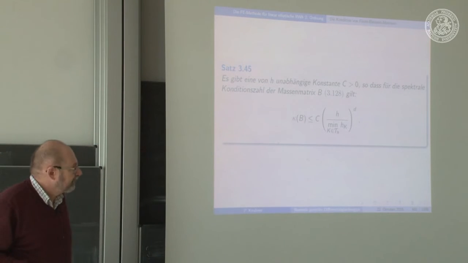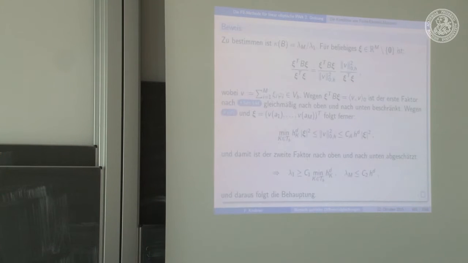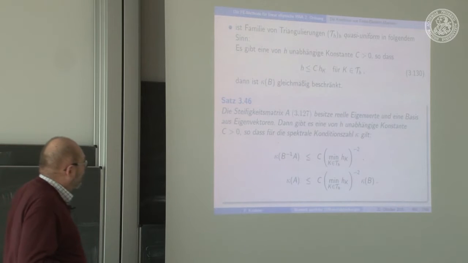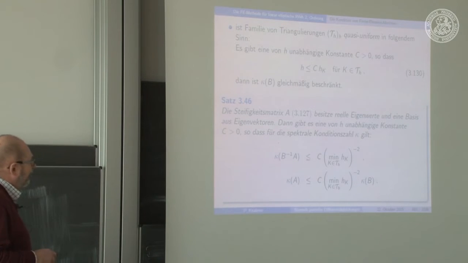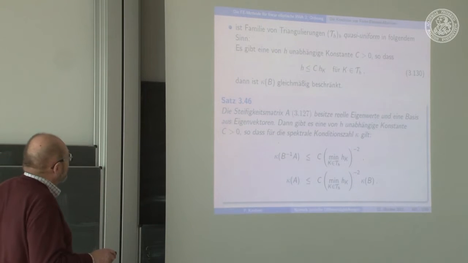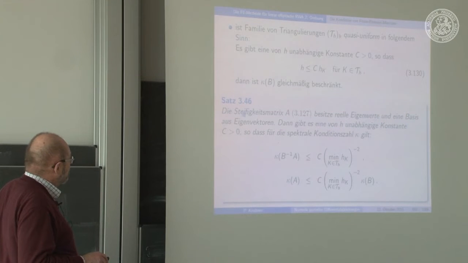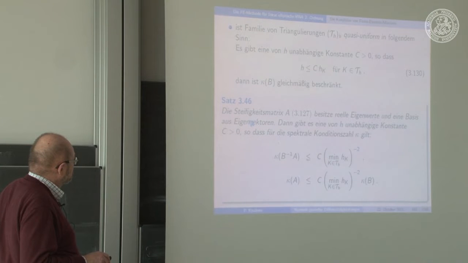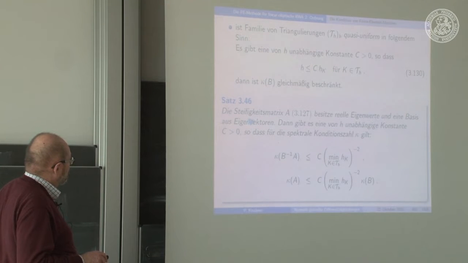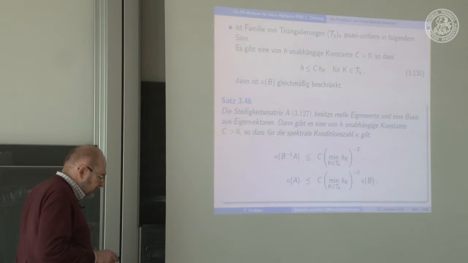So now let's go to the stiffness matrix directly. As I said, we have to cheat a little bit. We now assume that the stiffness matrix has real eigenvalues and has a basis. I'm wondering whether it should be orthonormal or not.